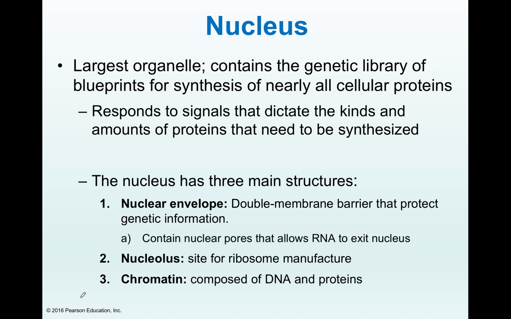So it has uncondensed genetic information. If we're talking about chromatin, the keyword is uncondensed genetic information, which is combined with proteins. Now, if I start to condense genetic information, it will form into chromatids.